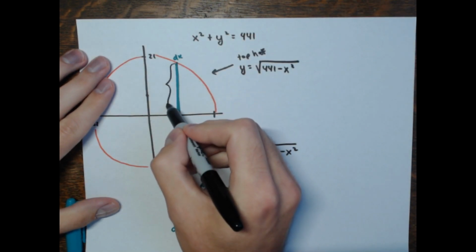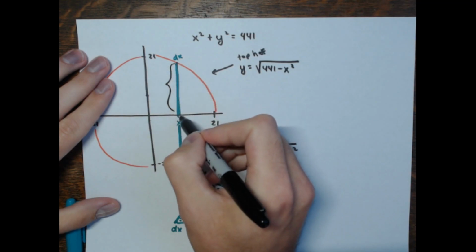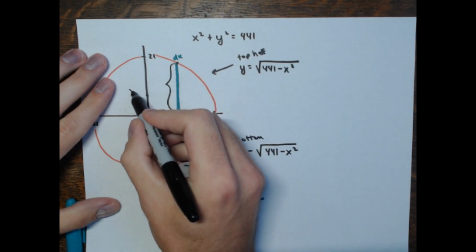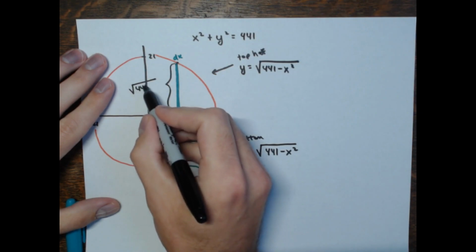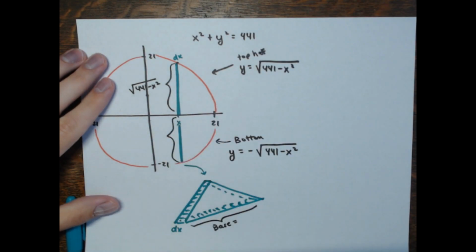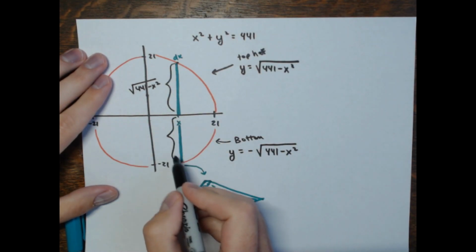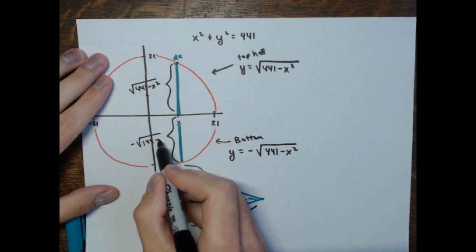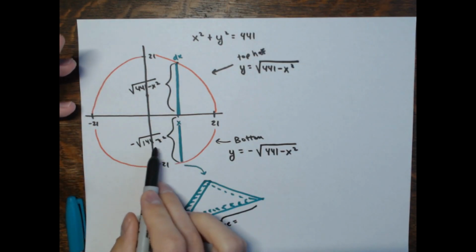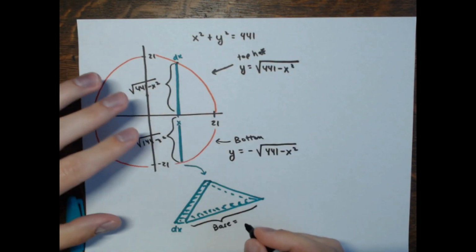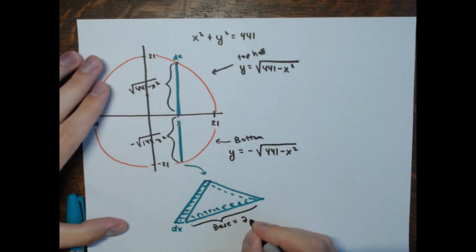Well, this length here from the x-axis to this curve, in terms of x, that's the square root of 441 minus x squared. And this distance, can you see with the symmetry that it would also be the same? The y coordinate is the negative square root of 441 minus x squared, but I want to make that a positive length. So really I have two of these. It's 2 times the square root of 441 minus x squared.